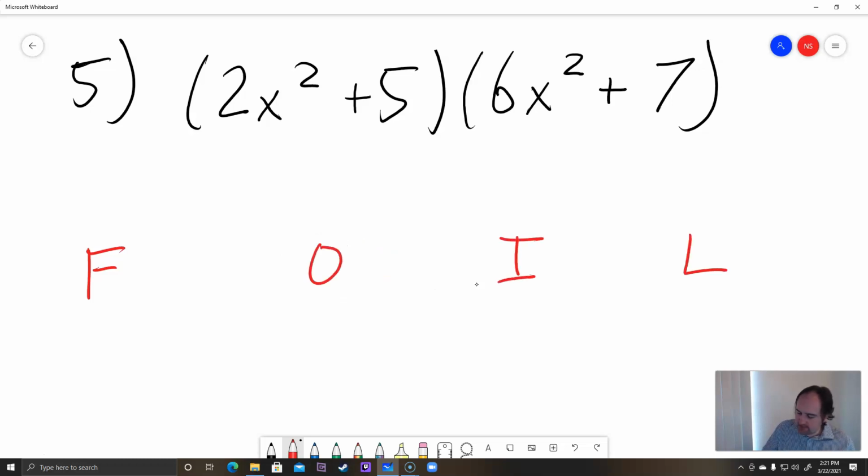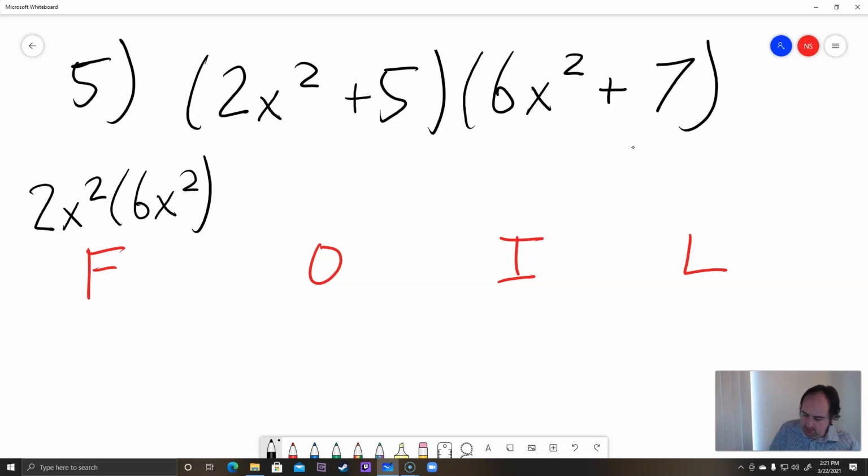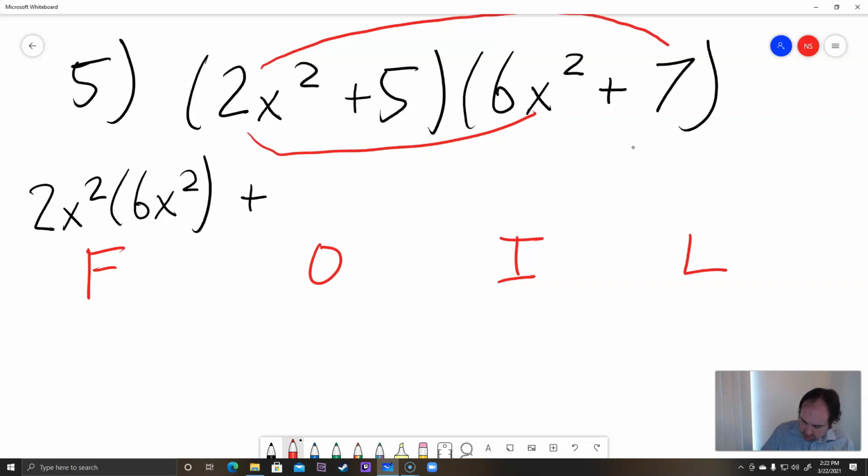So first plus outer plus inner plus last. So here the first is actually going to be 2x squared times 6x squared. Okay, so 2x squared times 6x squared is the first. And then we have plus the outer. So here our outer is going to be 2x squared times 7.